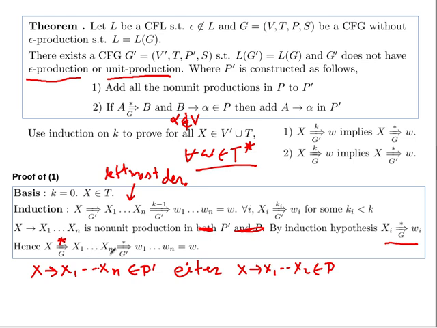So that means this was added to P prime because we had this thing. We had a chain of unit productions which goes to some variable, and then this variable goes to this alpha. So that means there must be some, say, x goes to some y, using a chain of unit productions here, and then this goes in just one step to this thing.